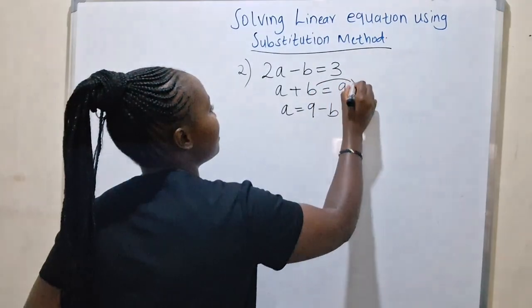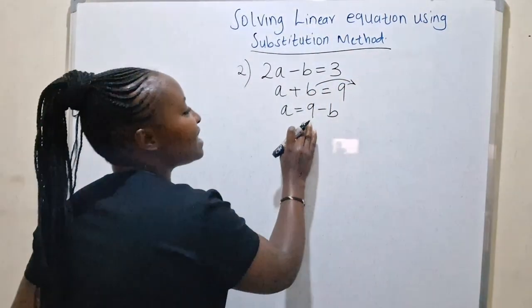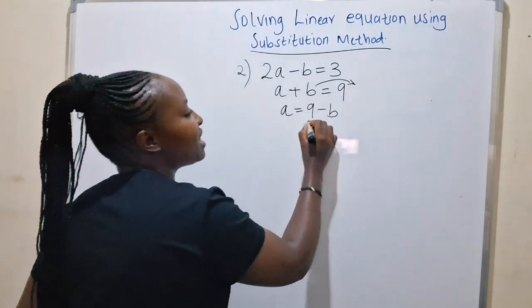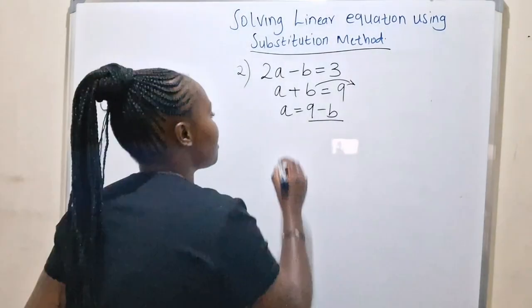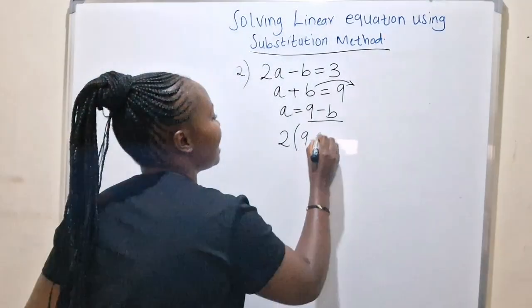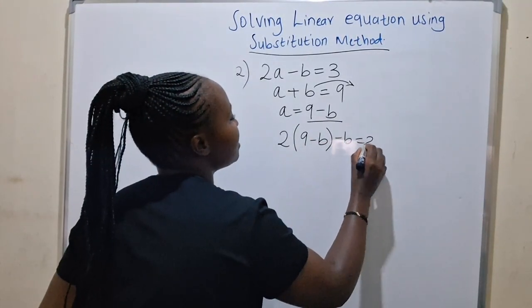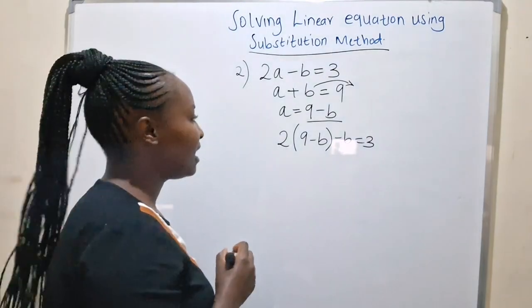You take this b to the other side and it becomes a negative. Where there is a, replace with this. So you say that 2 into bracket 9 minus b, close the bracket, minus b equals 3.